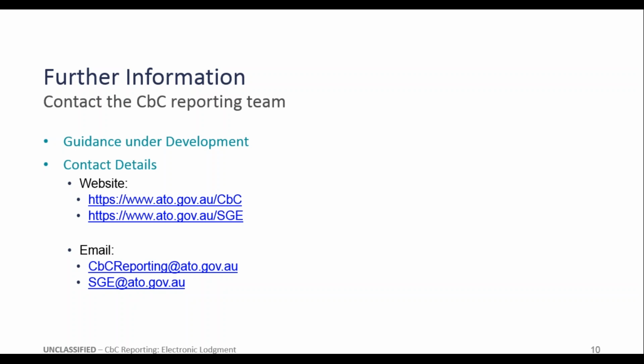Another question is coming in just in relation to attachments. Any agreements that have already been shared with the ATO in the past through other discussions, is there a requirement to resubmit those as part of the CbC? No. If you have submitted attachments previously to the ATO, and when I say submitted, if you've given us the attachments in any other sort of compliance or engagement activity previously, there is no requirement to submit those attachments again.